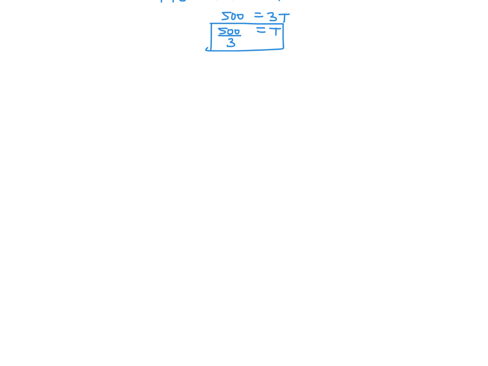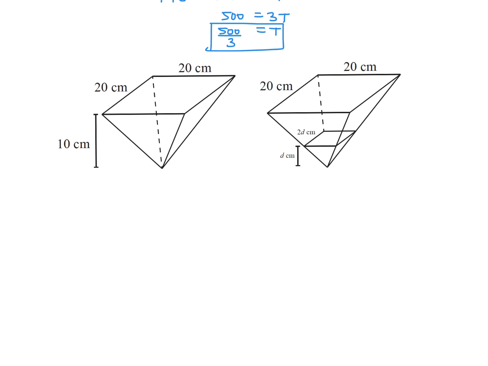Okay, so the depth is going to involve looking at that diagram again. If you look at the diagram again, this sort of represents what we're talking about. As it's filling, we want that depth. So what we were going to do is look at this formula, which is 1/3 a squared h, and look at this diagram right here.